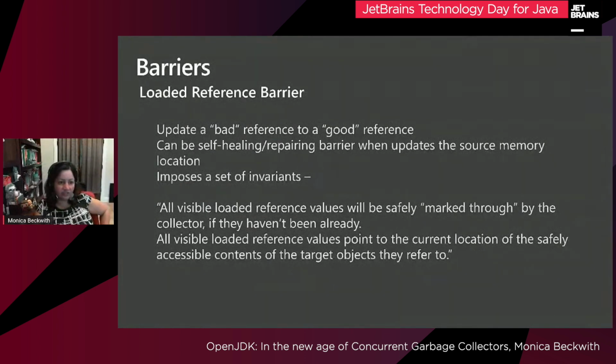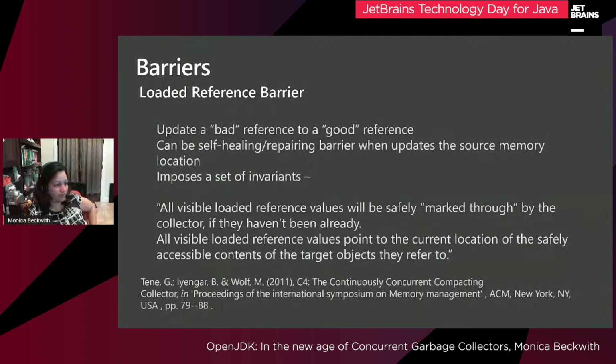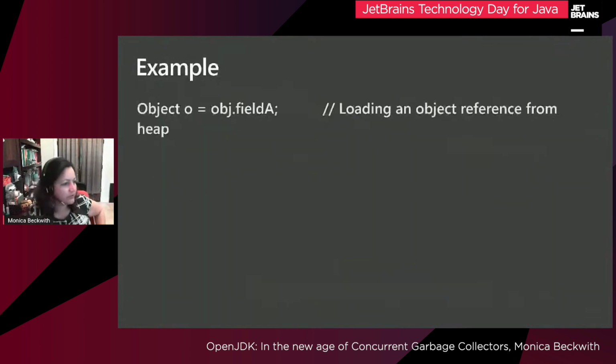Based on these concepts, the loaded reference barrier provides very low overhead. To learn more about that, there is a paper by Bill Tene. This is the concept that is also in C4, the Continuously Concurrent Compacting Collector. I strongly encourage you to read the paper; it's very informative.